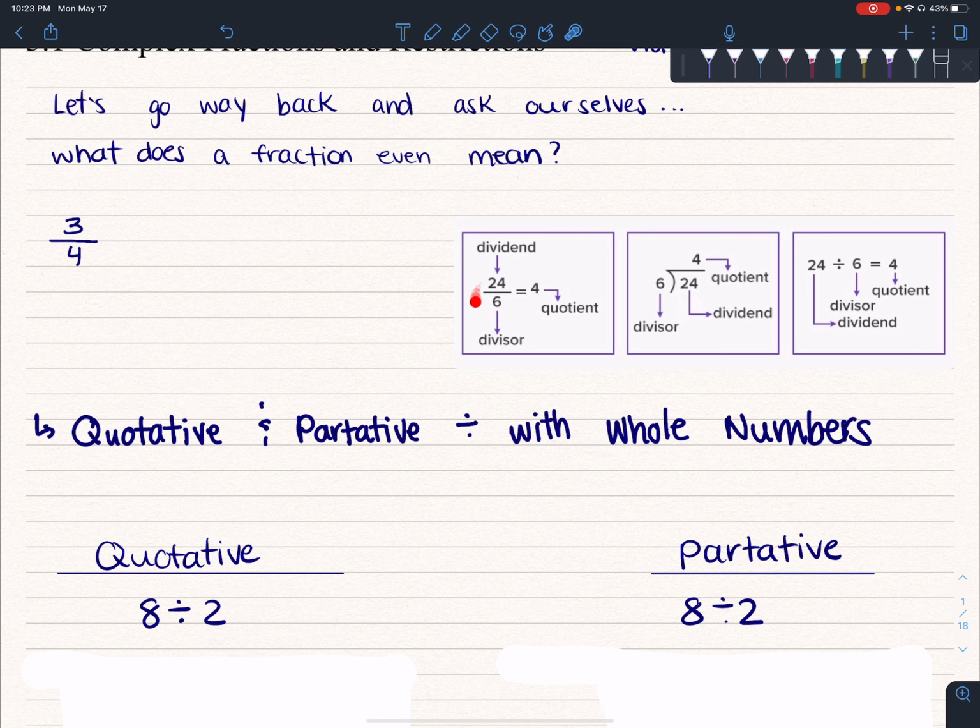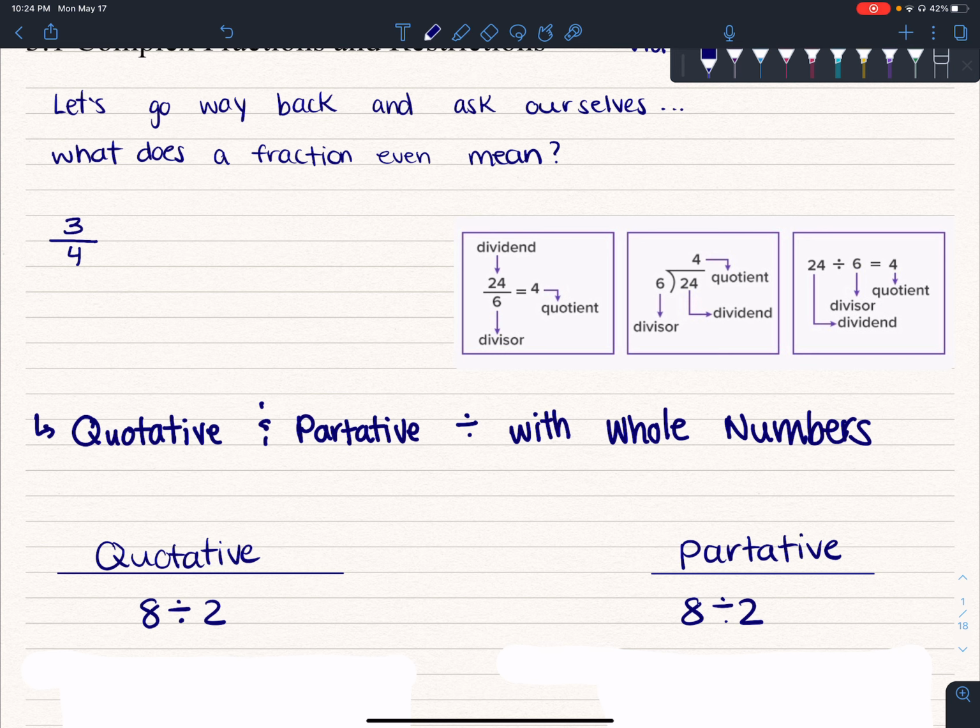When you have something like an improper fraction, 24 over 6, your numerator is larger. You're at a number that's larger than 1, so your quotient is going to be a number that's bigger than 1. But in this situation, your number is smaller than 1. This can be visualized a few ways.